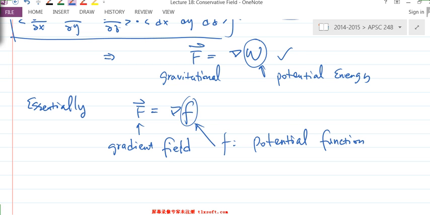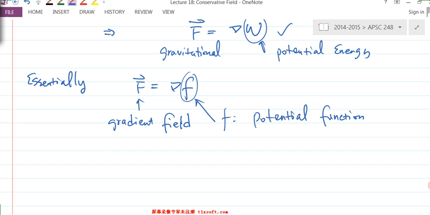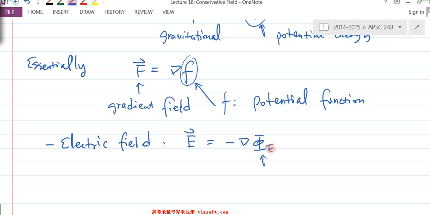And similarly, if you're dealing with an electrical field, we generally use E to represent the electric field, and E equals this guy here, and this one here is called the electric potential.